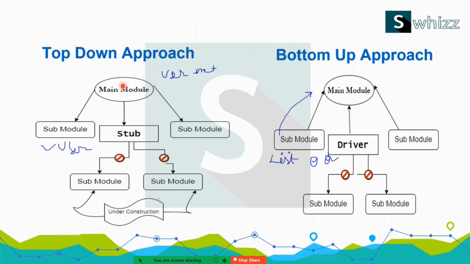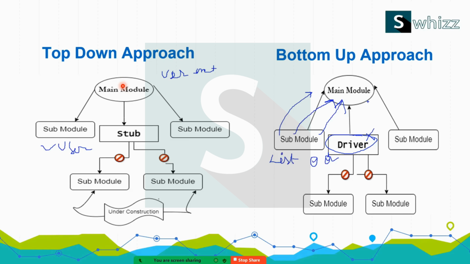Here a driver is a calling program. This will not give control from under-construction child modules to the parent module; only from the constructed child modules to the parent module will the control be given. So this is the child and this is the parent. The control goes from child to parent, and where the modules are under construction, the control does not go because the driver is preventing it.